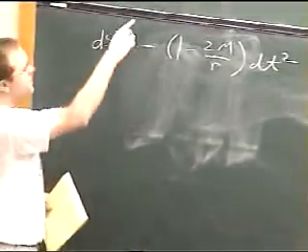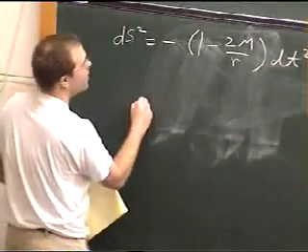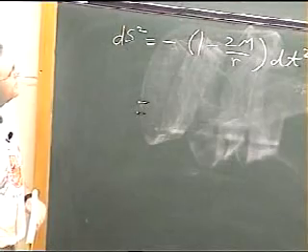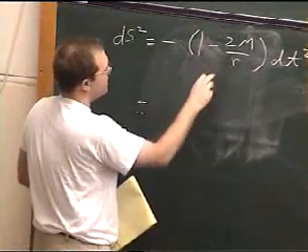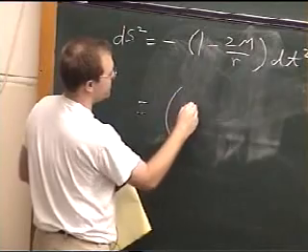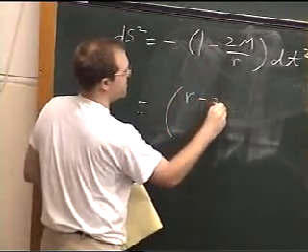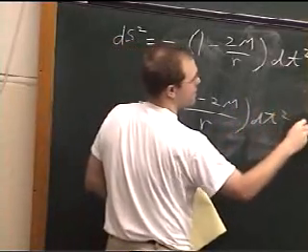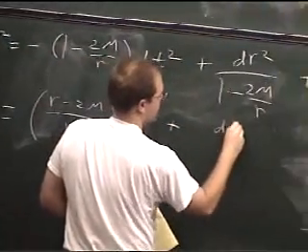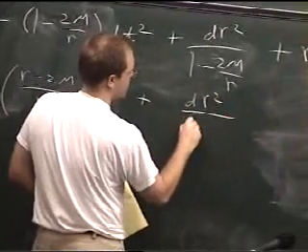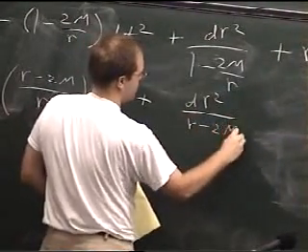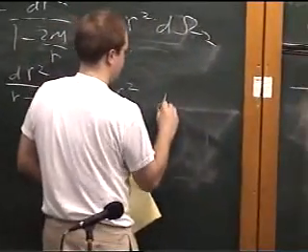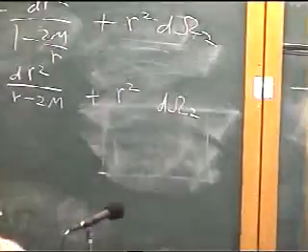And if I now express this in terms of delta using my lovely formulae, I'll just clean this up first. This is minus (r minus 2m over r) dt squared plus r dr squared over (r minus 2m) plus r squared d omega squared. Good.